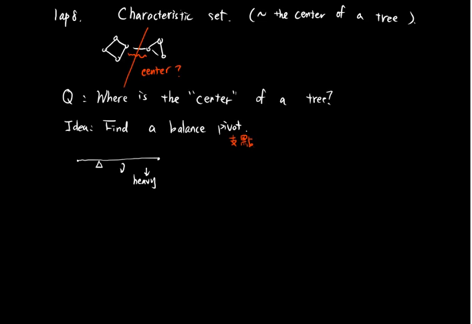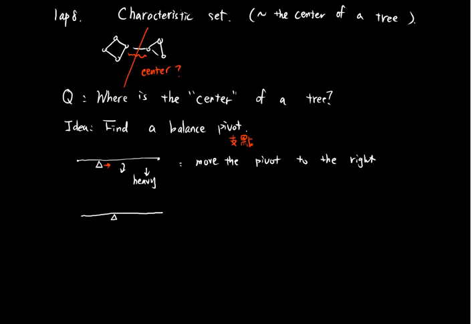So it will go this direction. So if this happens, then move the pivot to the right. Okay, so you move the pivot to the right a little bit, and so maybe it looks like this.